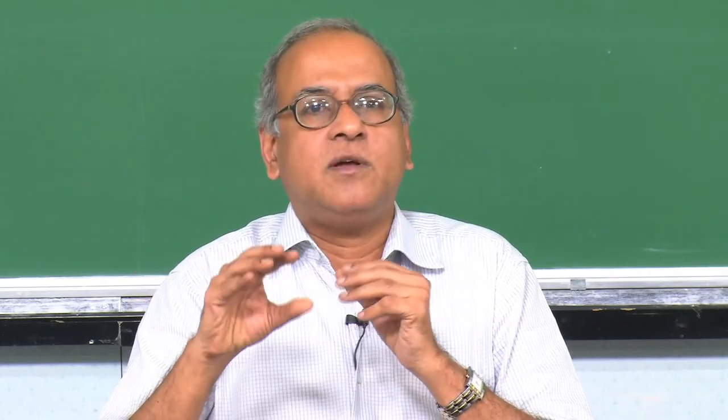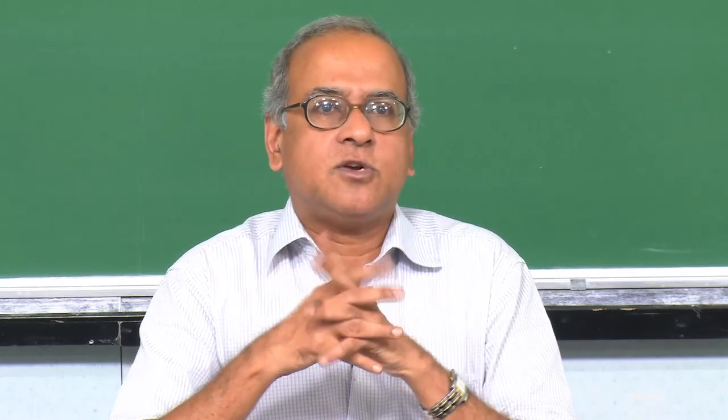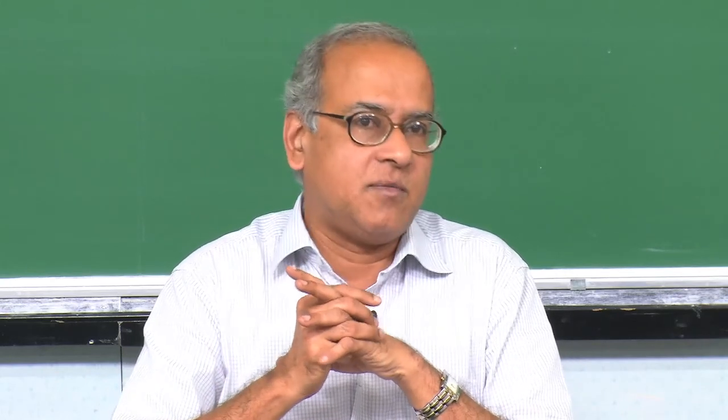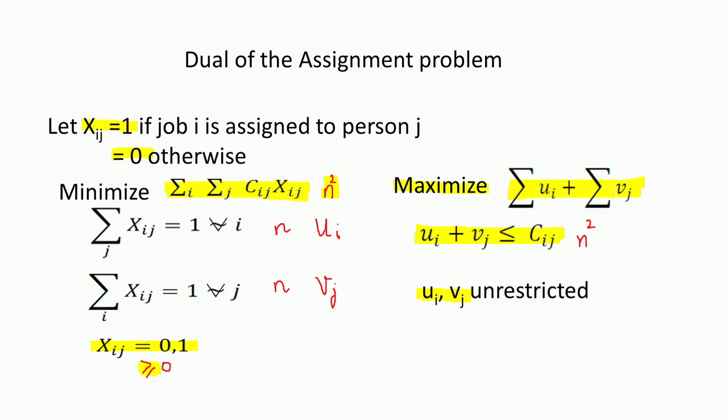What is interesting at the moment is the dual of the assignment problem looks very similar to the dual of the transportation problem, except that in the transportation problem we had sigma ai ui plus bj vj, but ui plus vj less than or equal to cij is common to both the transportation and the assignment.